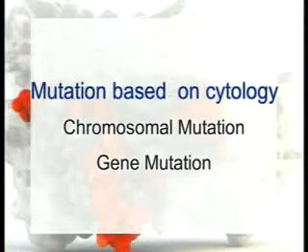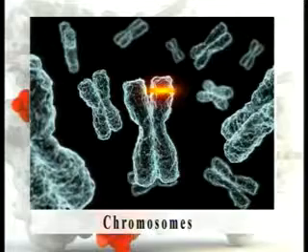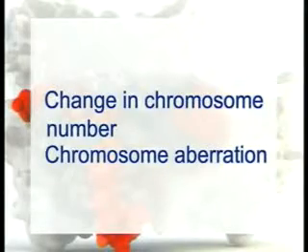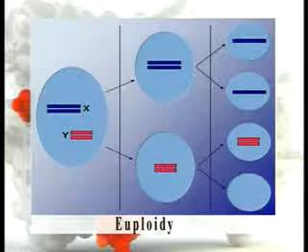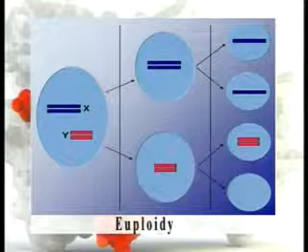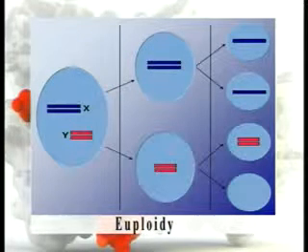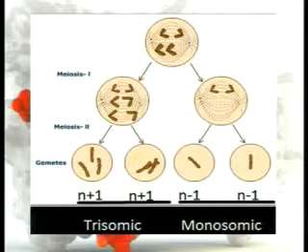Chromosomal mutation is of two types. Number 1, change in chromosome number, and number 2, chromosome aberration. Change in chromosome number: in this type of mutation, an entire chromosome may either be lost or get duplicated, resulting in an aneuploidy.